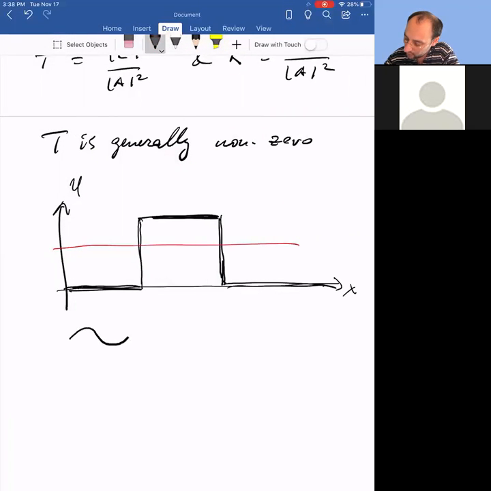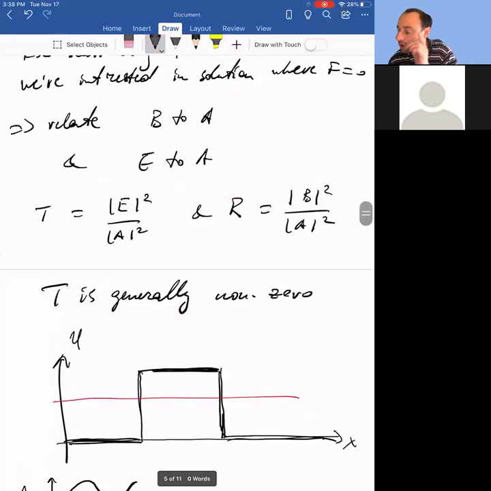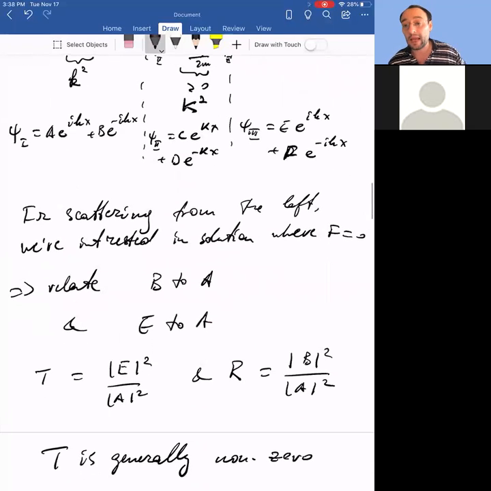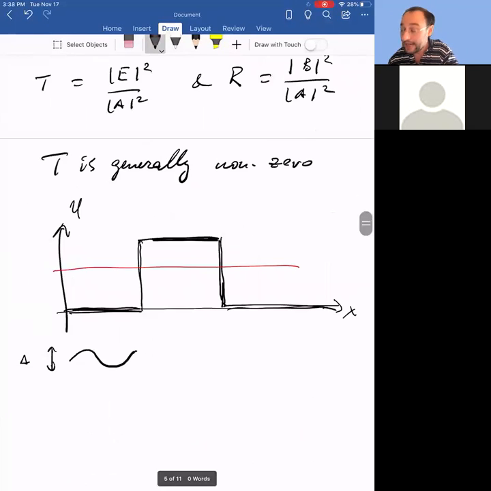So the wave function has some kind of amplitude A. In this region, it will be a combination of growing and decaying exponential. It's not a purely decaying exponential. You need both terms to satisfy the boundary conditions.